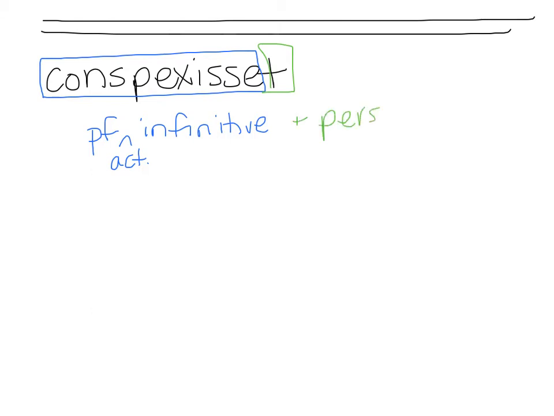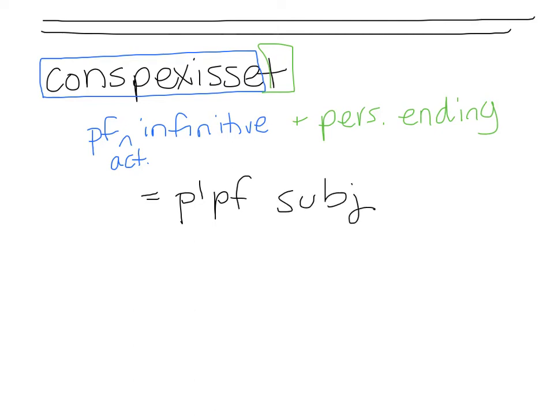So when I put those together, the perfect active infinitive, which we learned how to form last week, the perfect stem from the third principal part plus isse, that creates a pluperfect subjunctive. All right, so again, perfect active infinitive plus personal ending creates the pluperfect subjunctive.